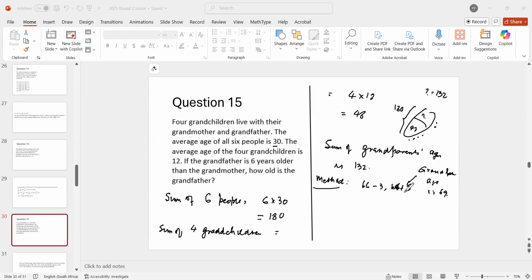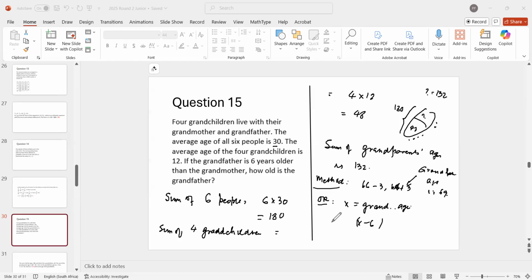If you don't understand where I got this from, I'm just halving it and I look at either side. The one is 6 more than the other. The other way of doing it is, you can say let the grandfather's age be x. Then the grandmother will be x minus 6.